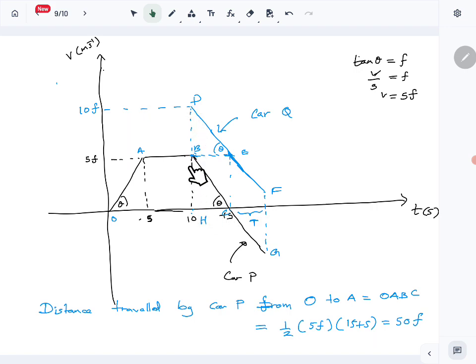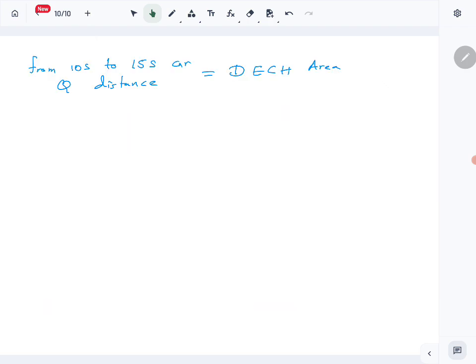The parallel lengths are 10f and 5f. So we have half parallel sides 10f plus 5f. Height is 5. So then this will become 15f, 75f over 2. Right.